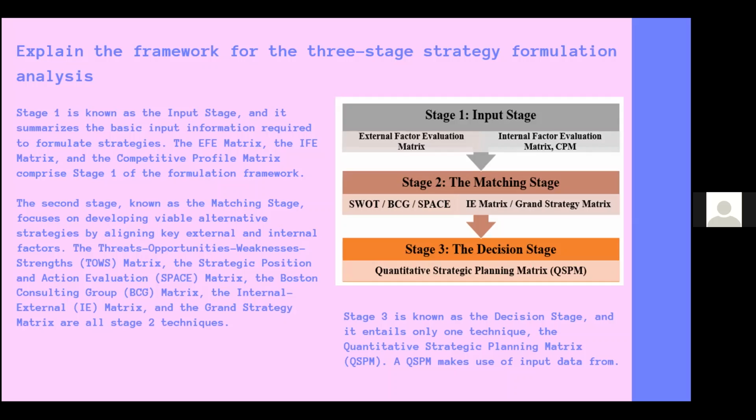The last stage is known as the decision stage. It is essential that only one technique, the quantitative strategic planning matrix, or QSPM, makes use of the input data from the framework analysis. So this is about the three-stage strategy formulation analysis.